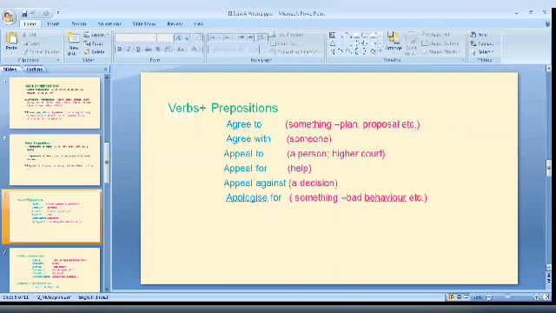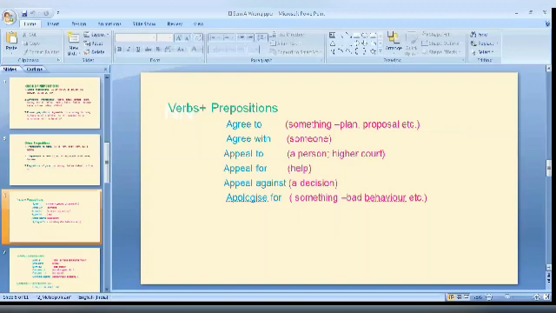And the next one is appeal for. Here appeal for is used for help. I am appealing for this kind of contribution. So here appeal for is used to indicate some help. And we can appeal against a decision. Just now I told you, we can appeal to a High Court, and we can also make an appeal against a decision.